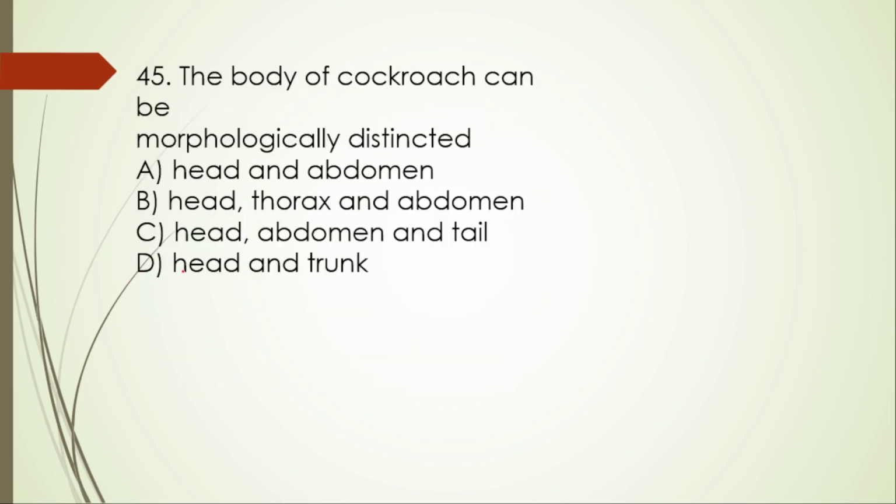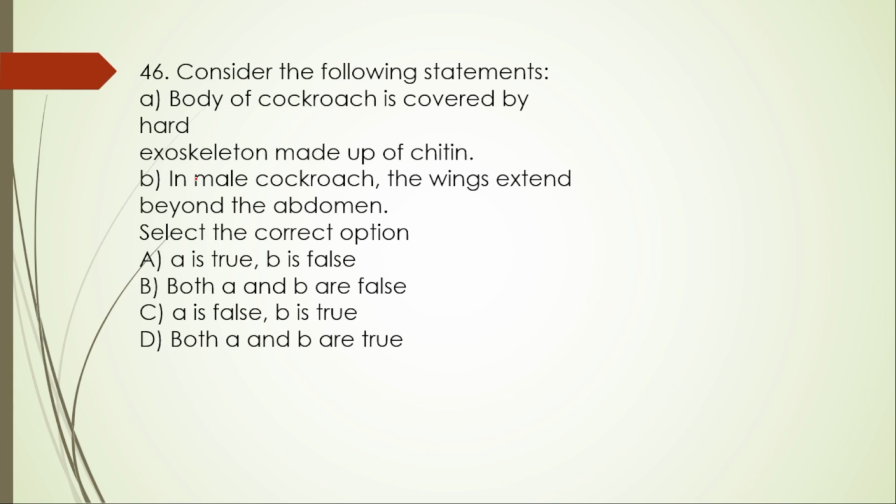45. The body of the cockroach can be morphologically distinguished into head, thorax and abdomen. This one is correct. So B is correct here. 46. Consider the following statements. Statement A: the body of the cockroach is covered by a hard exoskeleton made up of chitin.